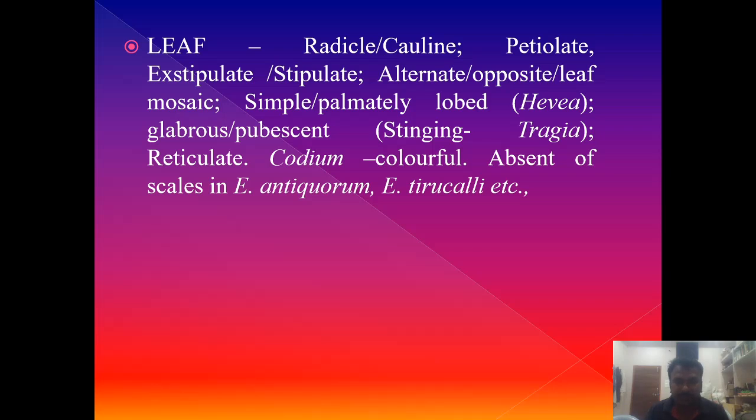The leaves: radical and cauline leaves are present, both petiolate, and stipulate and exstipulate leaves. The phyllotaxy is alternate or opposite. In some species of Acalypha, leaf mosaic phyllotaxy is present.